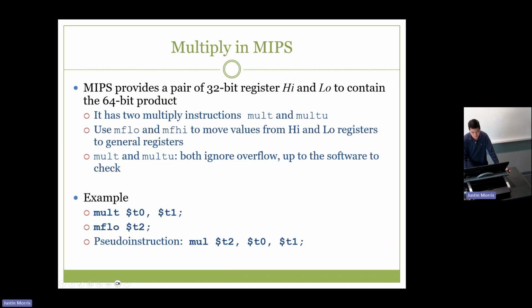And like we mentioned before, there are pseudo-instructions that just get converted into multiple instructions. It would be mul, with your result in t2, multiplying t0, t1, right? So again, you have to be careful with this because this would be 32 bits. You're throwing away the upper 32 bits.